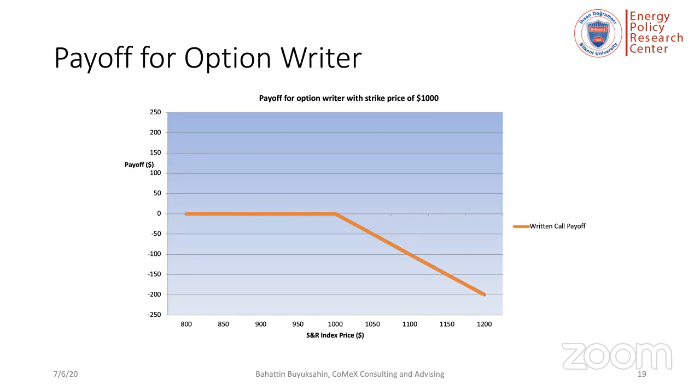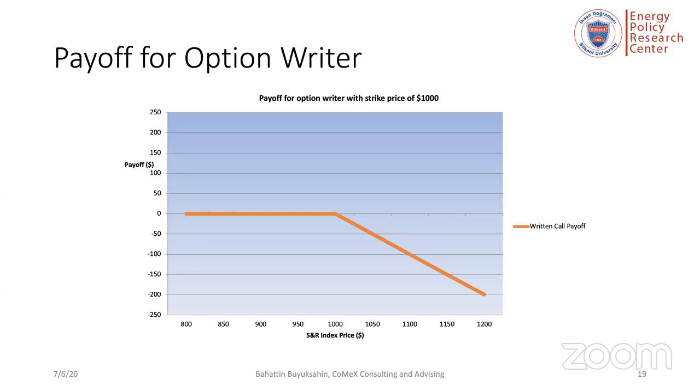Here, again, we graph the payoff for the call option writer by computing the payoff on the option as a function of price. Below the strike price of 1,000, the payoff is 0 since the option buyer will not exercise his rights.